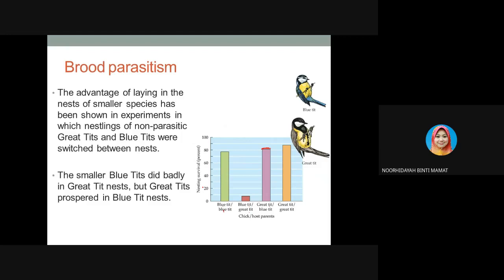The first is facultative siblicide. The second is obligate siblicide. The third depends on relatedness. We also learned about discriminating parental care, adoptions, and the benefits and costs of adoptions. And the last subtopic we learned today is brood parasitism.